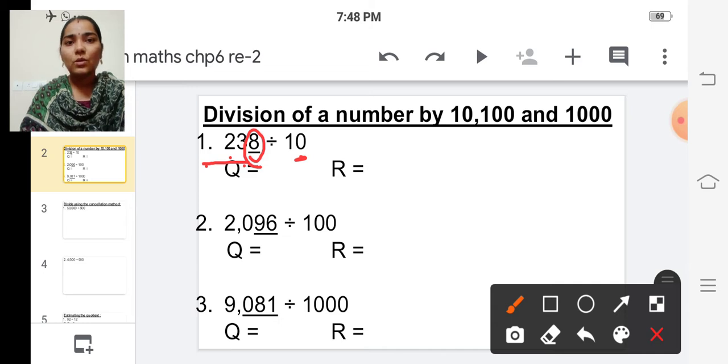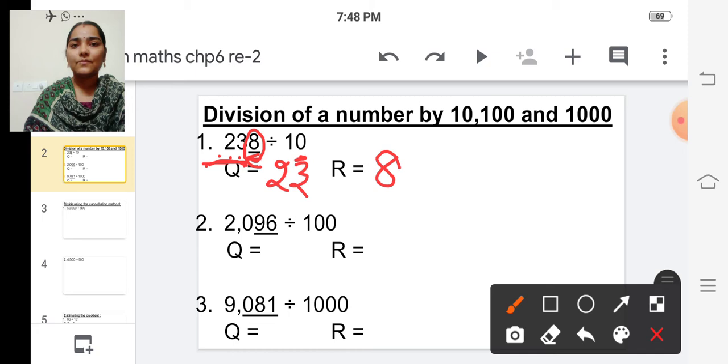What is the ones digit here? Here 8 is the ones digit. So 8 is the remainder and the remaining digits will be the quotient. What are the remaining digits? 2, 3, 23. So 23 is the quotient.